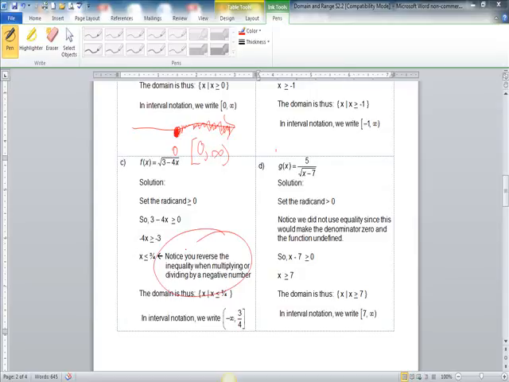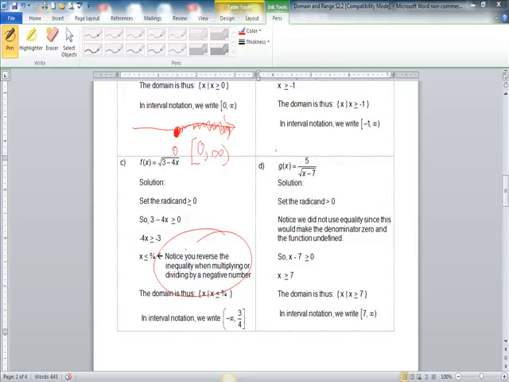And you could actually check this. Check a number less than or equal to 3/4, and you'll notice that we get something that is in the domain. If I pick 0, which happens to be a nice number less than 3/4, and substitute that into the original function, I'd get f of 0 is the square root of 3. That is a valid real number.